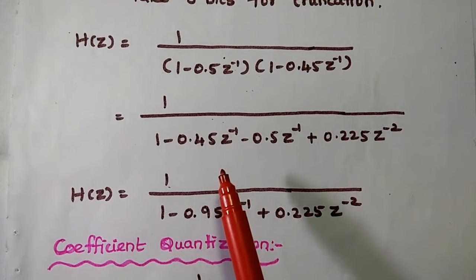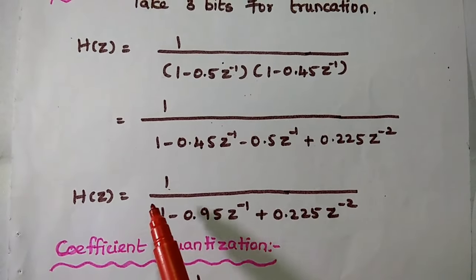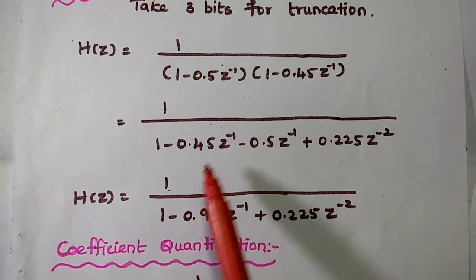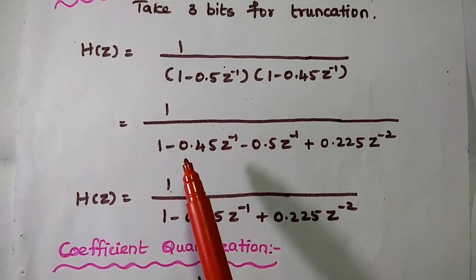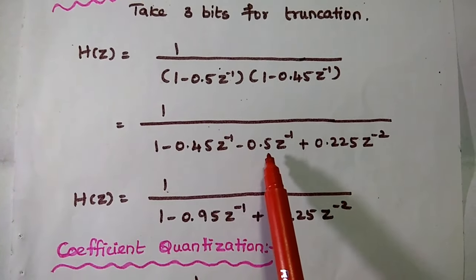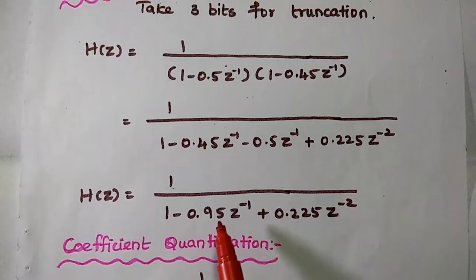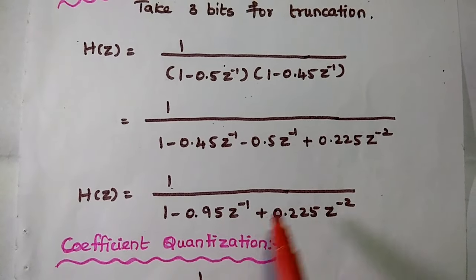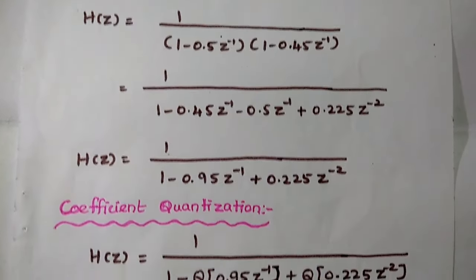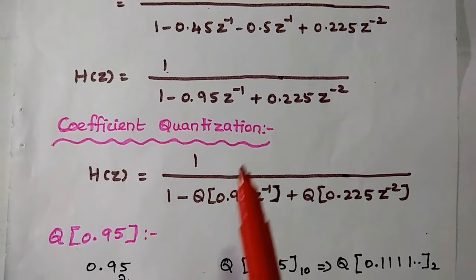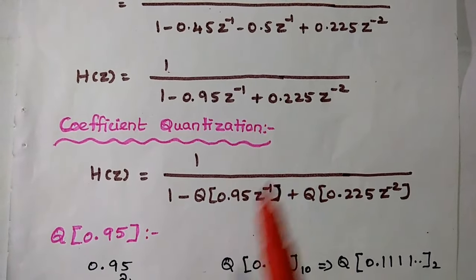Then we can simplify H(z) = 1 / (1 - 0.95 z^-1 + 0.225 z^-2), since minus 0.45 minus 0.5 is minus 0.95. So this is the simplified transfer function for the direct form 1 method.